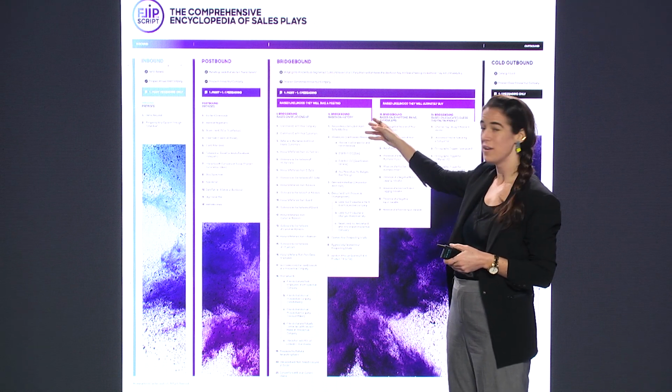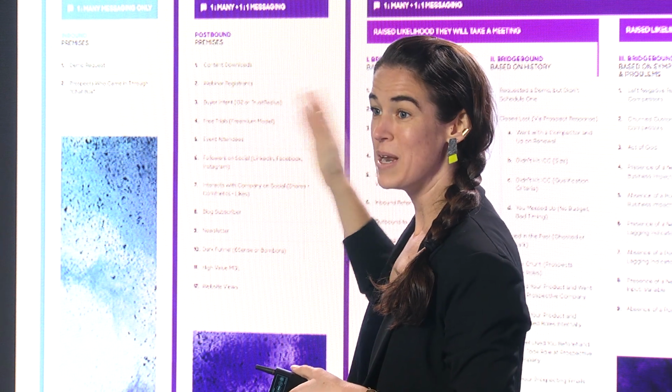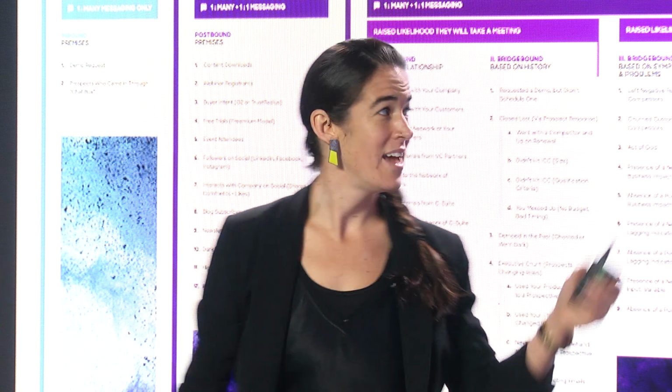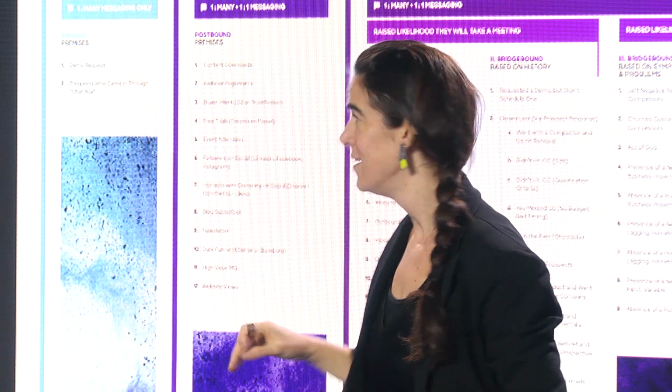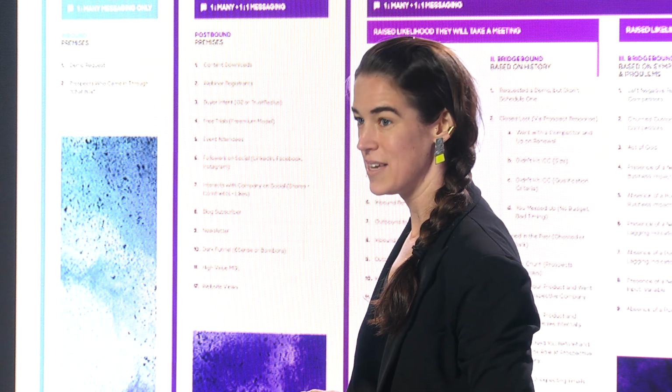So inbound is one-to-many only. Postbound and bridgebound are one-to-many plus one-to-one messages. And then cold outbound is one-to-one only. And then underneath each one of these categories, you're going to have each one of the sales plays.